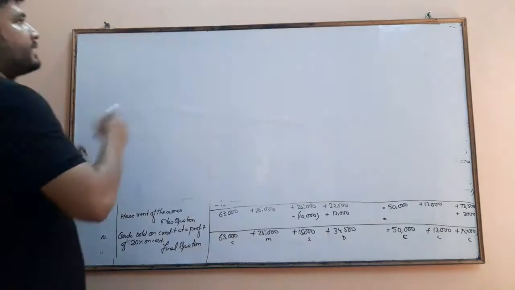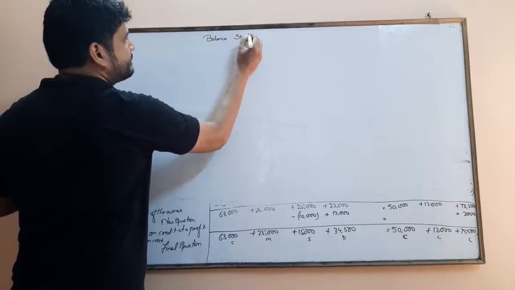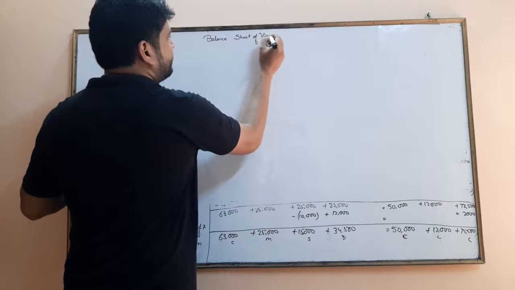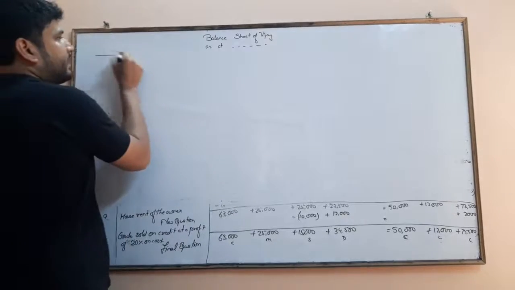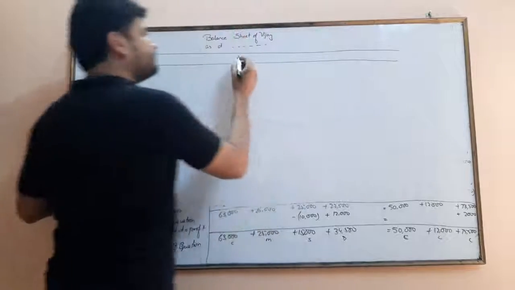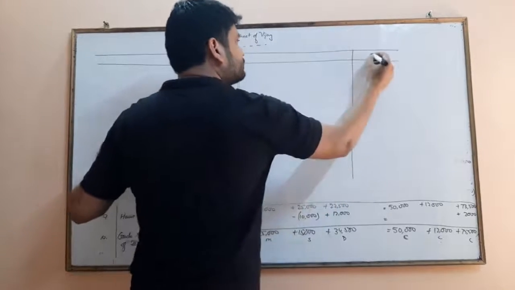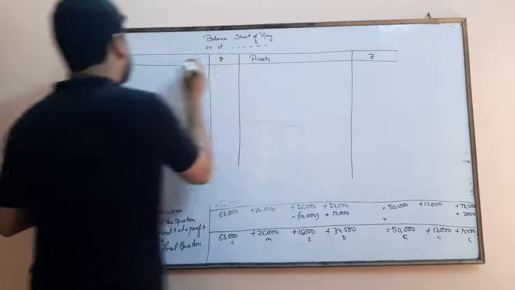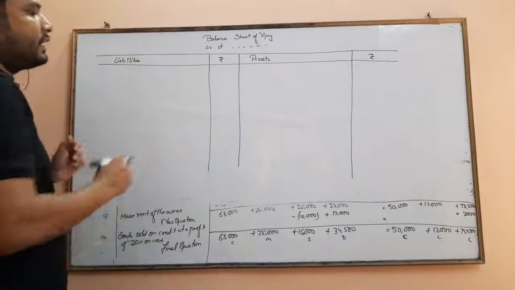Now let us create a balance sheet of Vijay. Now in the question the date is not mentioned, so I'm just keeping it blank. Now, first I'll write down what liabilities are being given.